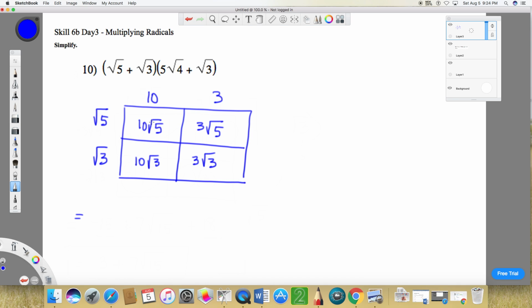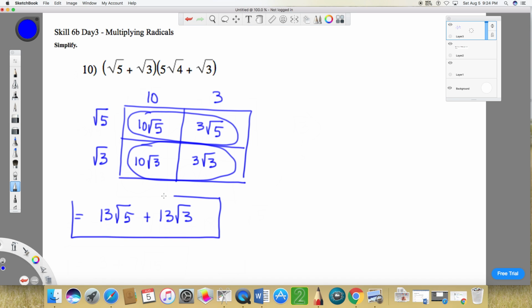So I've got 10 radical 5s plus 3 more radical 5s. See how these are like terms? So I've got 13 radical 5s. Now down here, do you see how I have radical 3s? Again, I have 13, but this time it's a radical 3. So there's my final answer. I can't add these two because they're unlike terms.